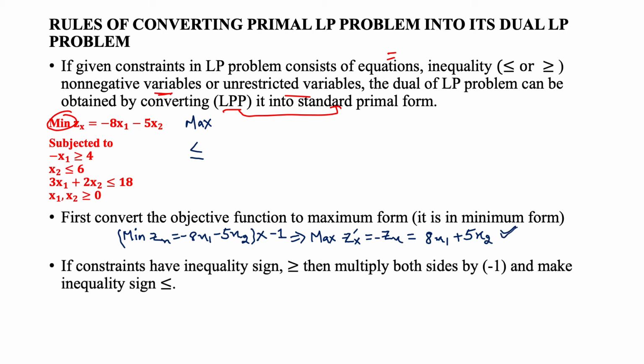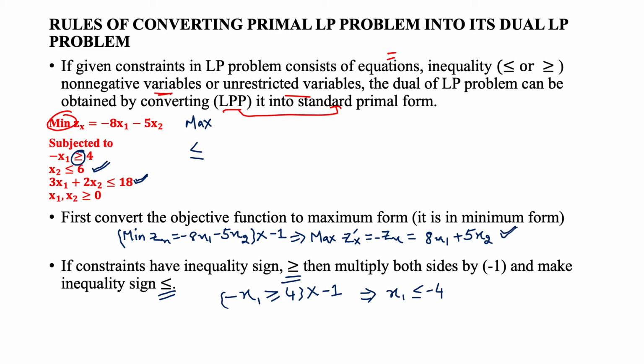The next step is to convert greater than inequalities into less than form. If you see, here it is in greater than form, while this one is in standard form and this is also in standard form. So I just have to convert the first constraint equation, which is in greater than form, into less than form by multiplying the whole equation with -1. So now what is my new constraint equation? It is -x1 less than or equal to -4.